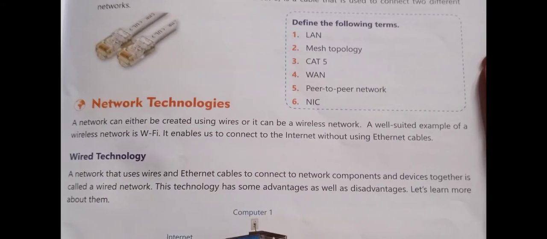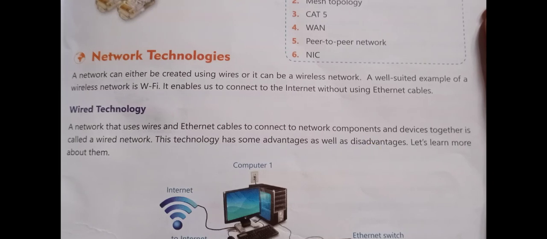Next is network technologies. There are two types of network technologies. Earlier I said that there is wired and wireless. So what is wired technology? A network that uses wires and Ethernet cables to connect network components and devices together is called a wired network. This technology has some advantages as well as disadvantages, which we will discuss later.